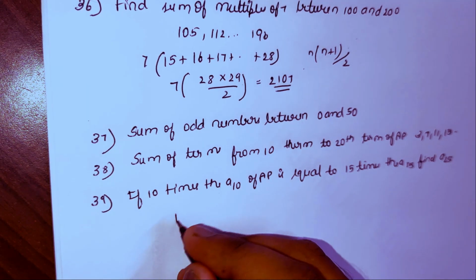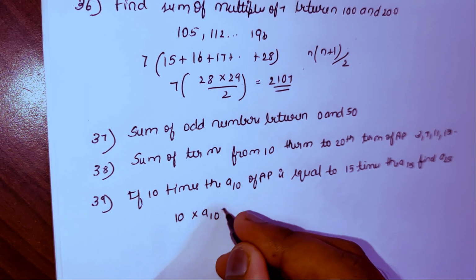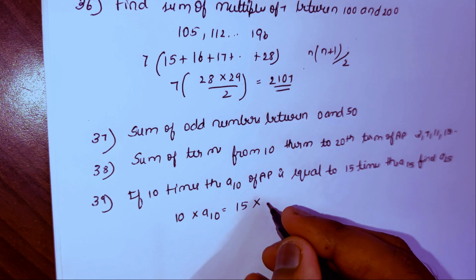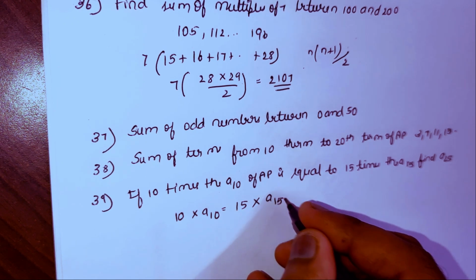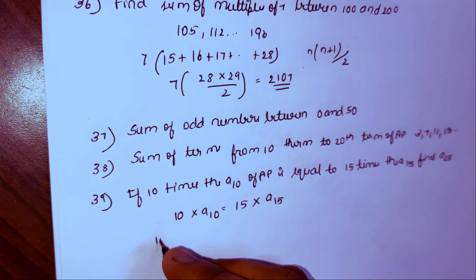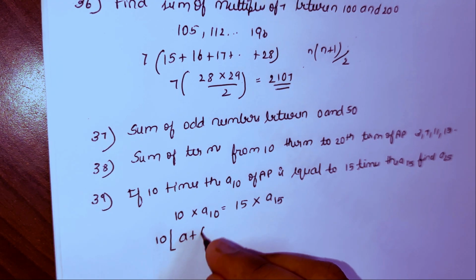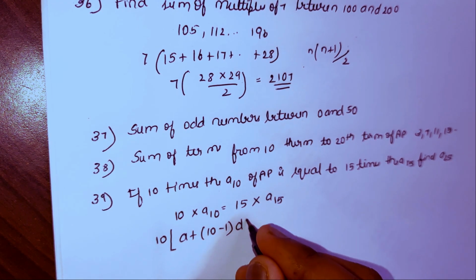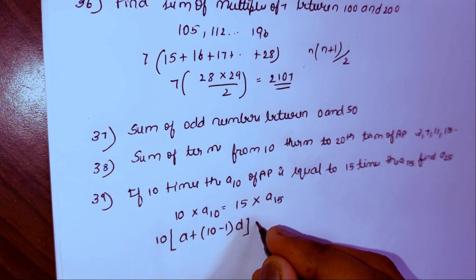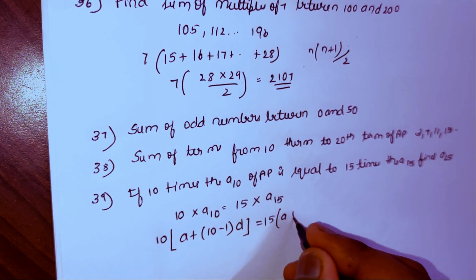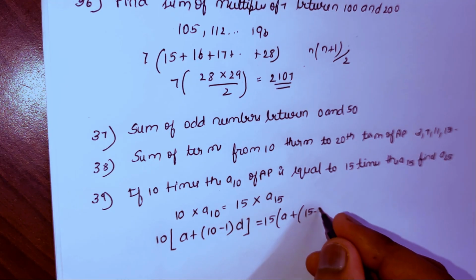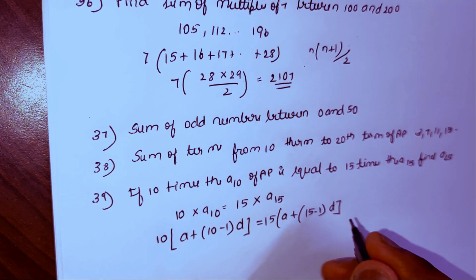Here it is given in the question, 10 times the 10th term is equal to 15 times the 15th term. Substitute the formula. 10 into (a plus (10 minus 1) into d) is equal to 15 into (a plus (15 minus 1) into d).